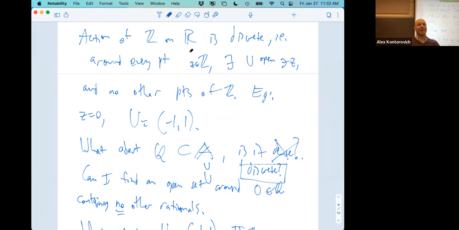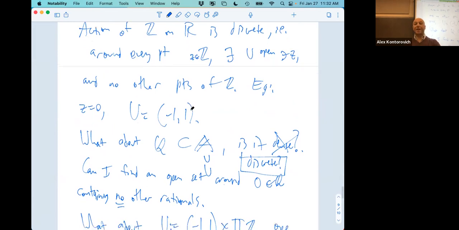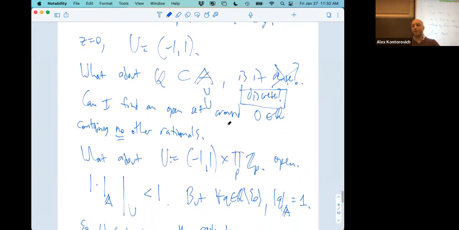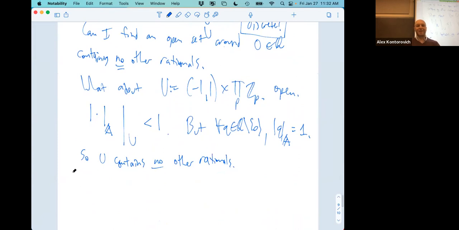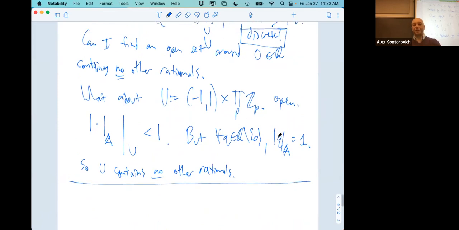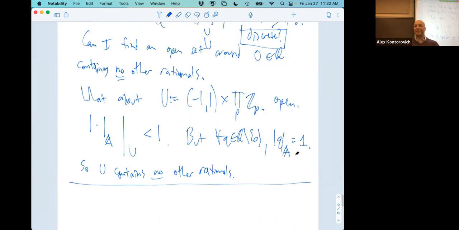Now if you translate that neighborhood around zero, you get a neighborhood around x. That's right, exactly, because it's a group action. So all we needed to do is take it at a single rational. Exactly.